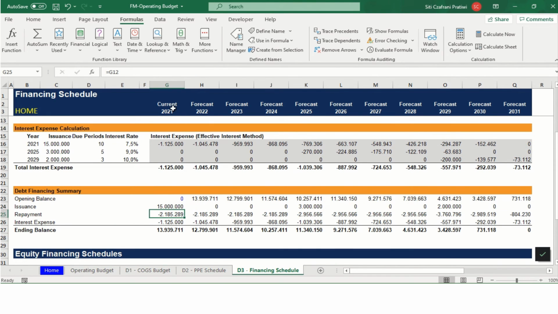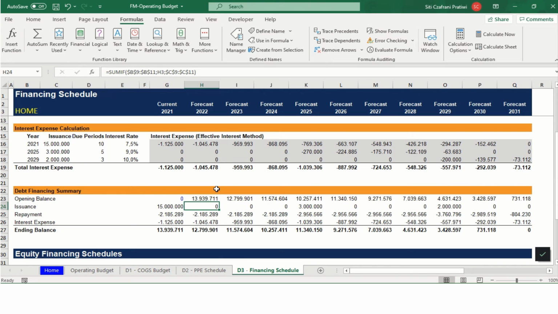So for instance, in year 2021, because you have a debt issuance here, it will be 15 million rupiahs here. However, in year 2022, you do not have any new debt issuance, so there will be 0.